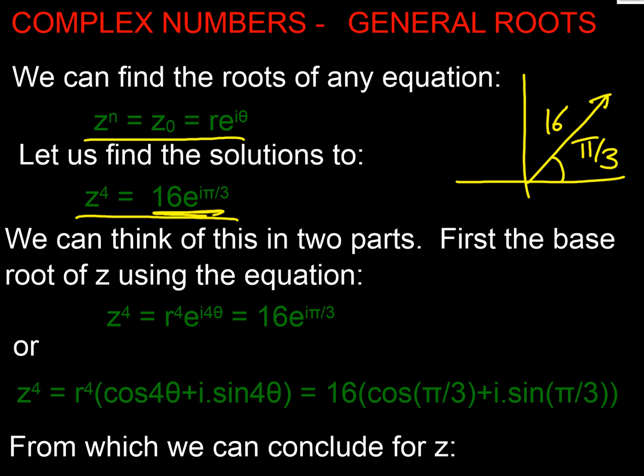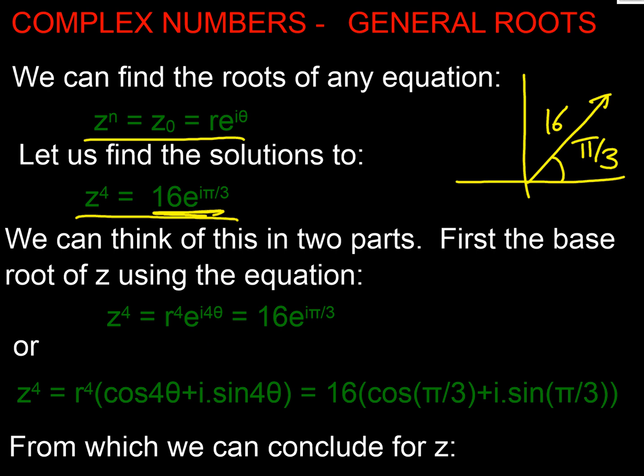Yeah, and we can think of it in the way we did earlier about finding our simple basic point, our first root, and then looking at this angle multiples problem. So let's do the basic point first.